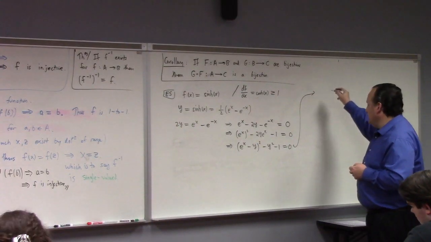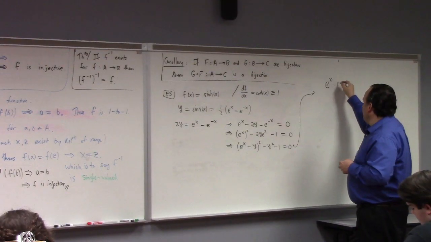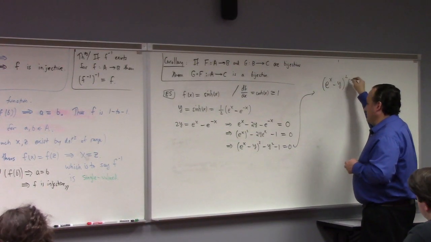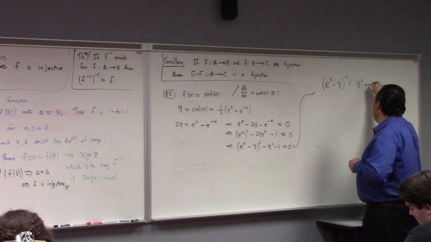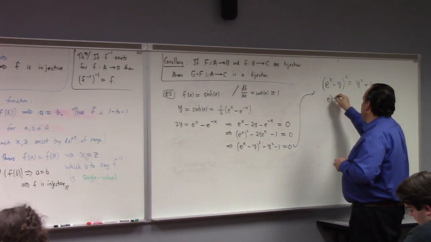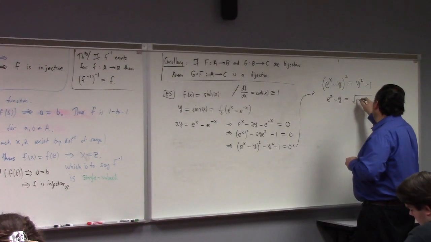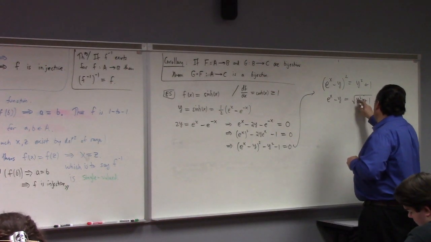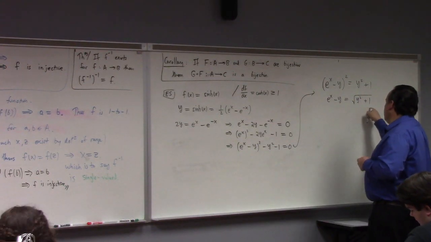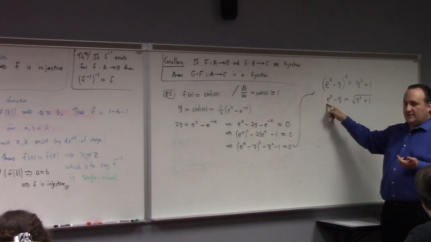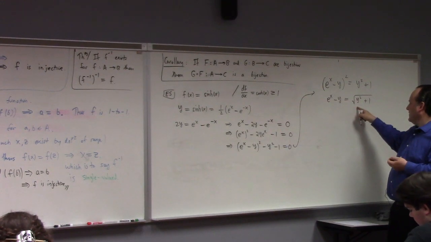Which tells me I have e to the x minus y, quantity squared, is equal to y squared plus 1. Which tells me that e to the x minus y is equal to the square root of y squared plus 1. I can tell that it's the square root because, I don't need the minus here because this is manifestly, maybe I do need the minus.